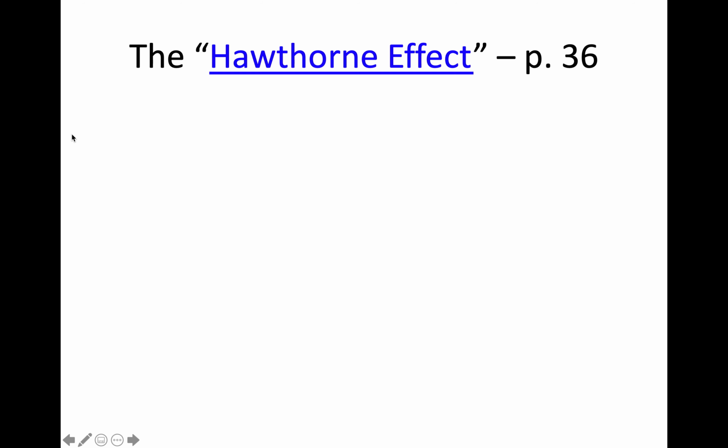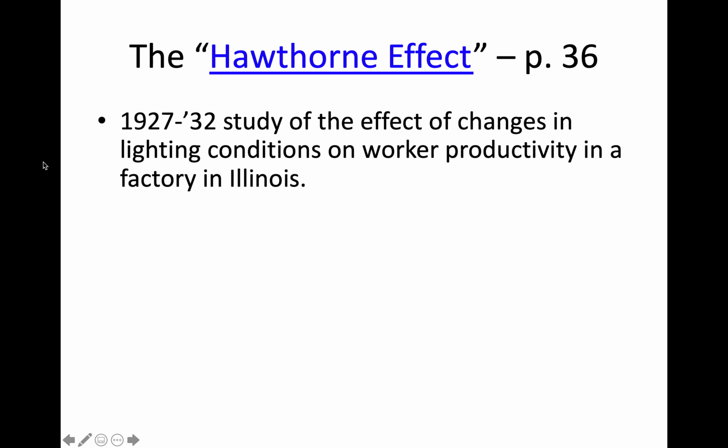This link will take you to a more in-depth discussion of what happened, but I will give you a summary here on the PowerPoint. Almost 100 years ago, there was a lot of interest in trying to increase worker efficiency in factories around the world, including in the United States. In this case you have worker productivity.